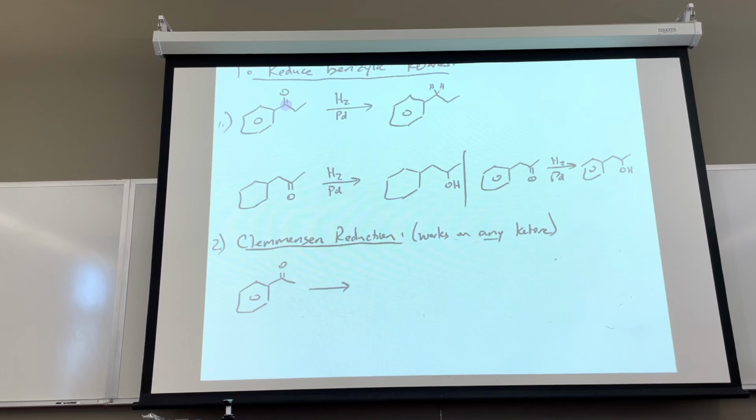So the Clemmensen will take a ketone, any ketone, benzylic or otherwise, and it mixes it with a zinc amalgam, which is kind of a zinc mercury couple, under strongly acidic conditions. And it also generates the methylene group.